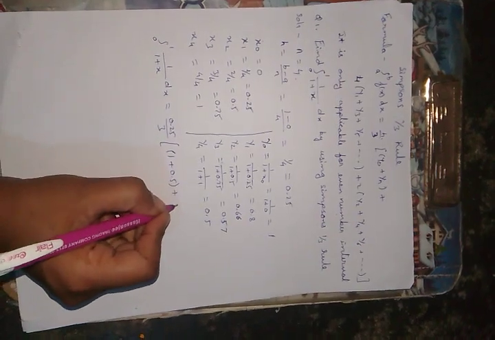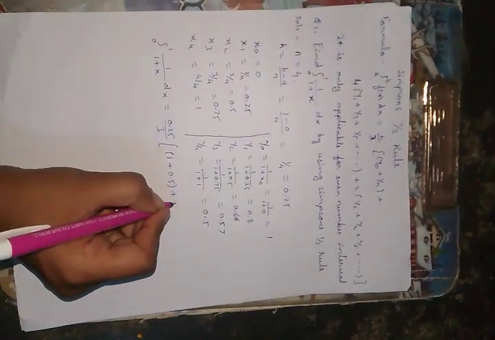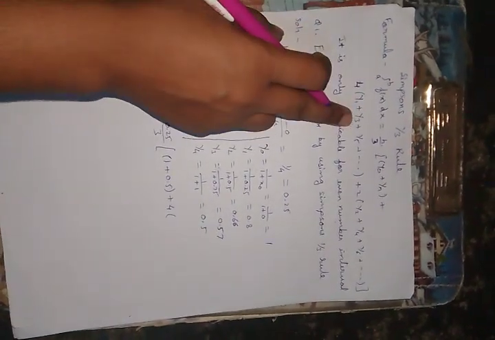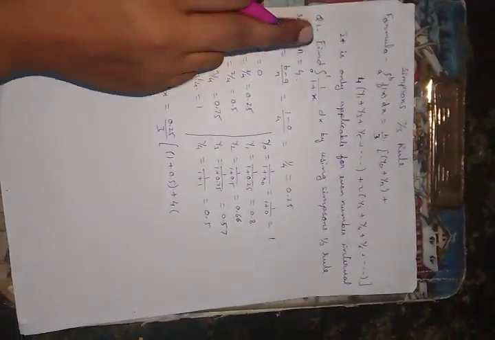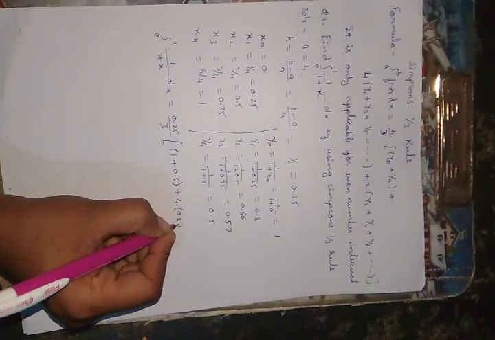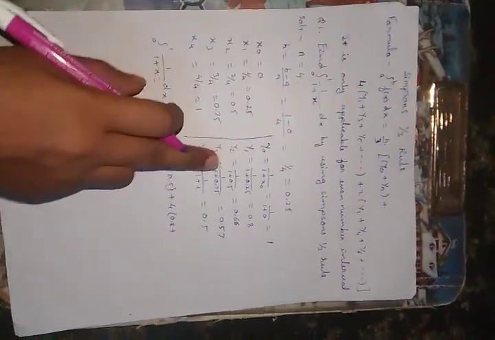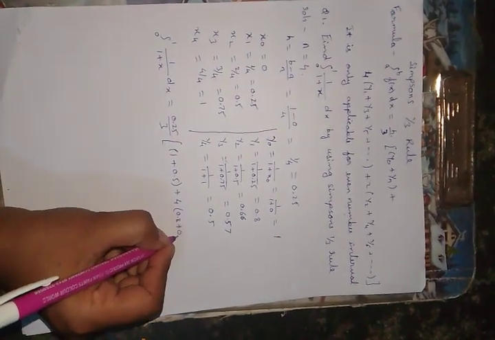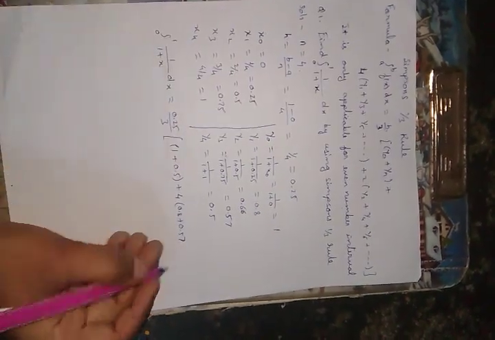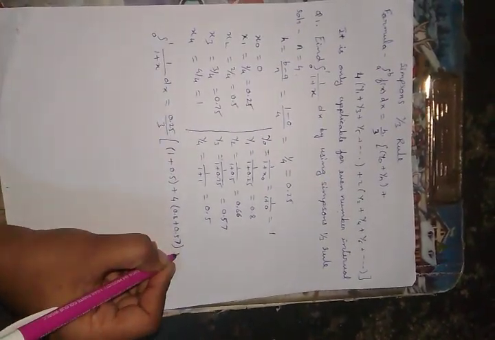Then plus 4 multiplied by y1 plus y3 plus y5, the odd terms. The y1 value is 0.8 plus the y3 value 0.57. We don't have y5, so we stop here.